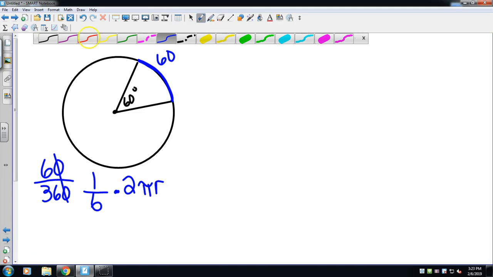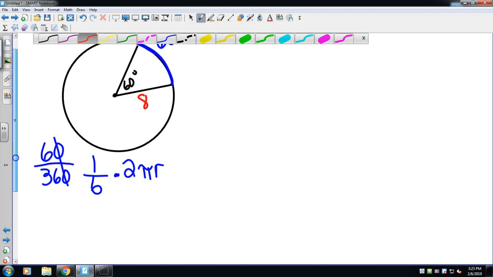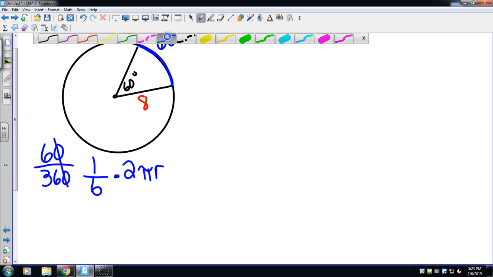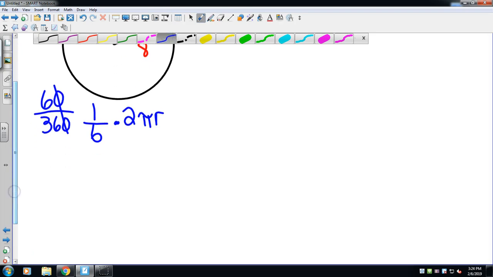And so let's say they told us that our radius was 6. And so I would take 1/6 times 2 times pi times 6, and we can make this a fraction if we want to.